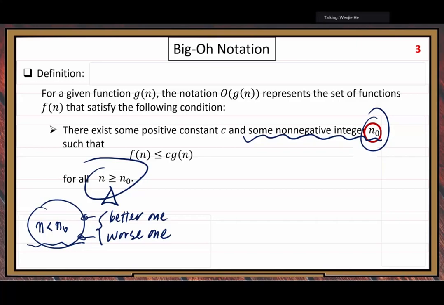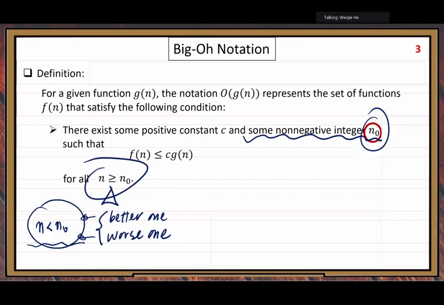When the problem size is relatively small, the worse algorithm may perform better than the better algorithm. But we do not count that, because the problem size is small. We only count when n is very large.